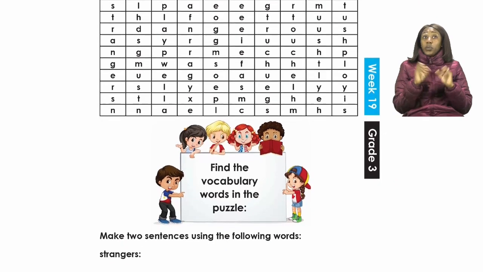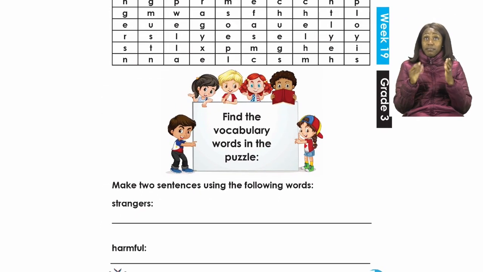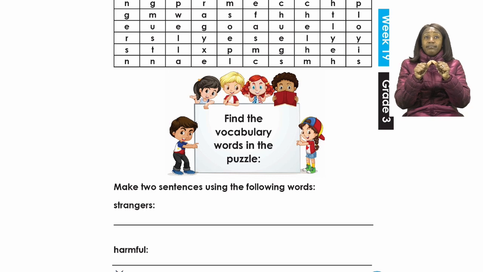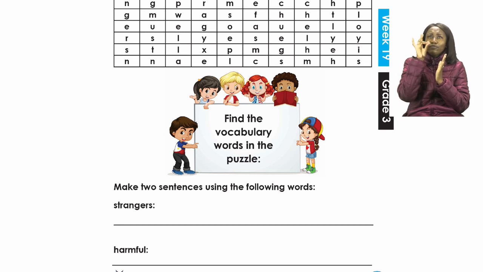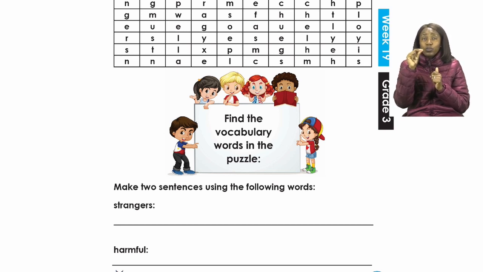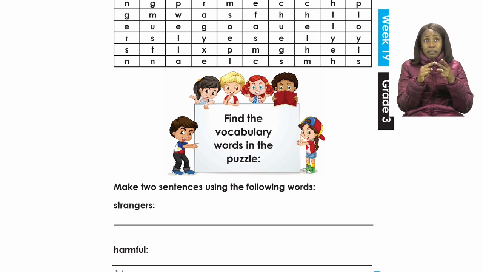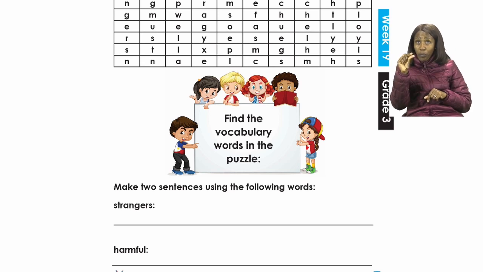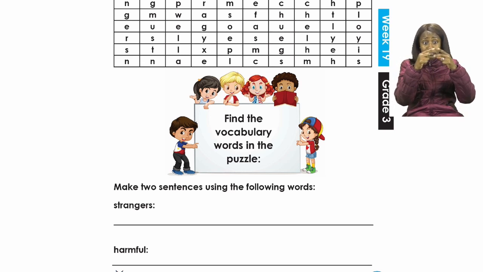Now, on page 3, moving on, it says, find the vocabulary words in the puzzle. Now, you have already found all the words. Continuing, it says, you need to make 2 sentences using the following words.